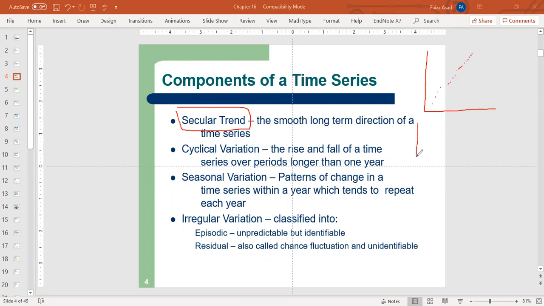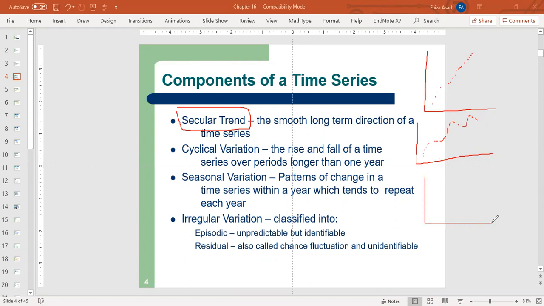The cyclical variation: the rise and fall over a period longer than 1 year. So it can be like this: rise, fall, and then rise, and then fall. This is how the cyclical variation shows on the chart.